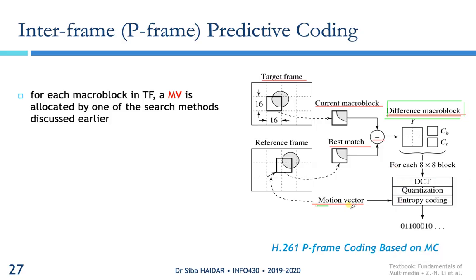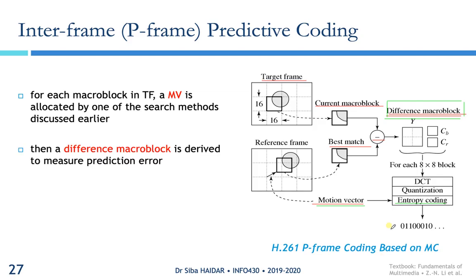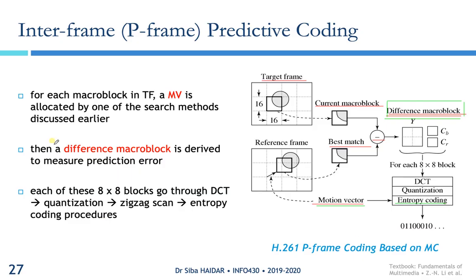And also I have the motion vector. For the motion vector, I also apply entropy coding, and then I obtain the predictive interframe coding. So for each macro block, a difference macro block is derived to measure prediction error.